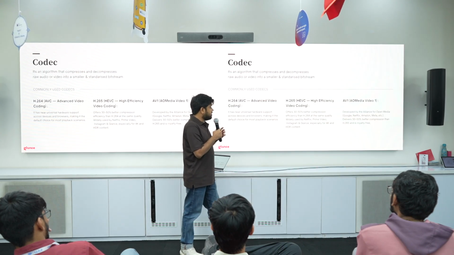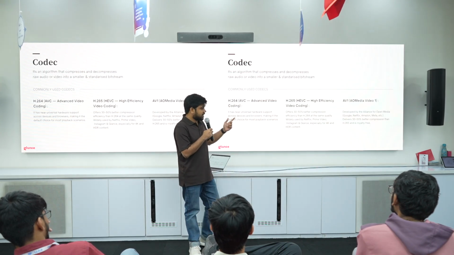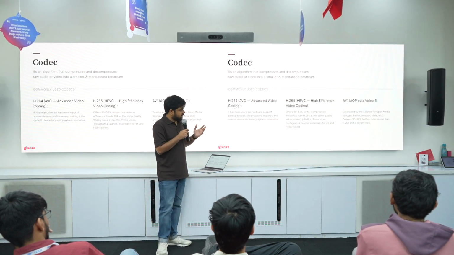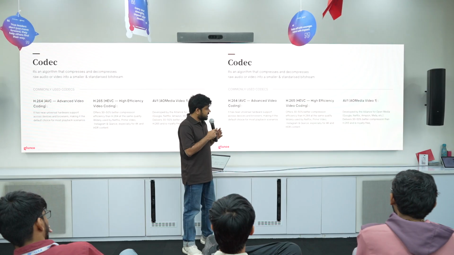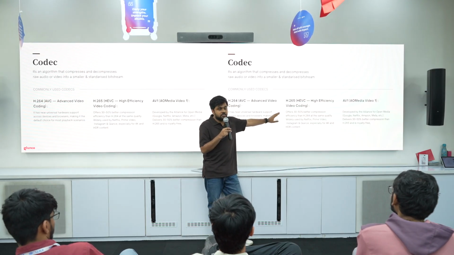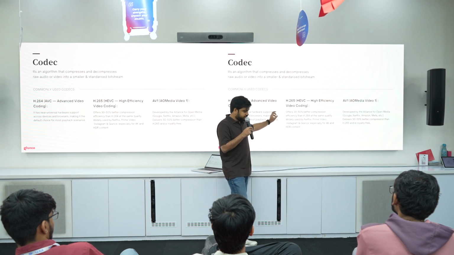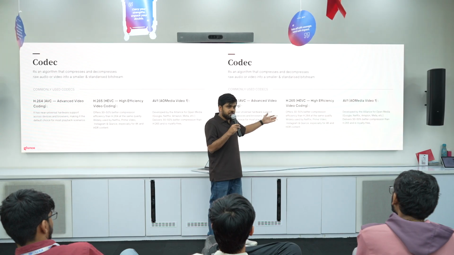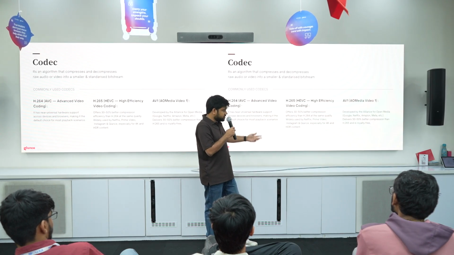The next codec is AV1. This was introduced around 2020, and it is a very developing codec right now. One thing I forgot to mention about H265 is that there is a lot of complication around its royalty and licensing, and that's why a lot of people don't prefer to use it.